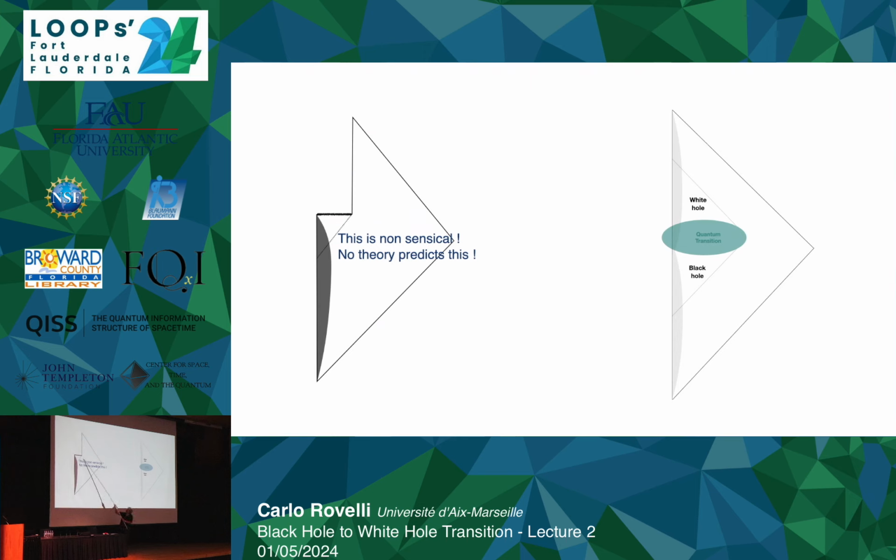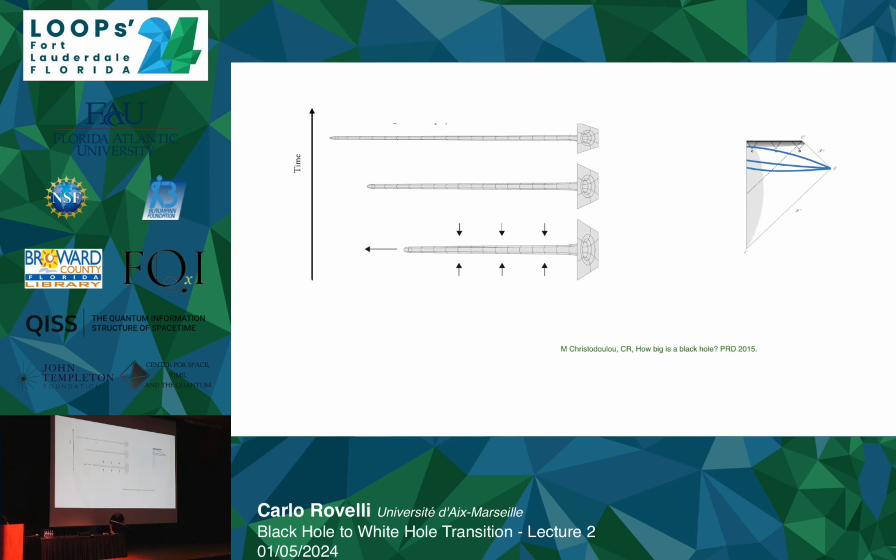In fact, Hawking was the first one who drew this picture, in a paper where he said very clearly that of course this is not reliable because we don't know what happens here. What happens here is exactly what I was discussing at the end of the previous lecture, what might happen there.